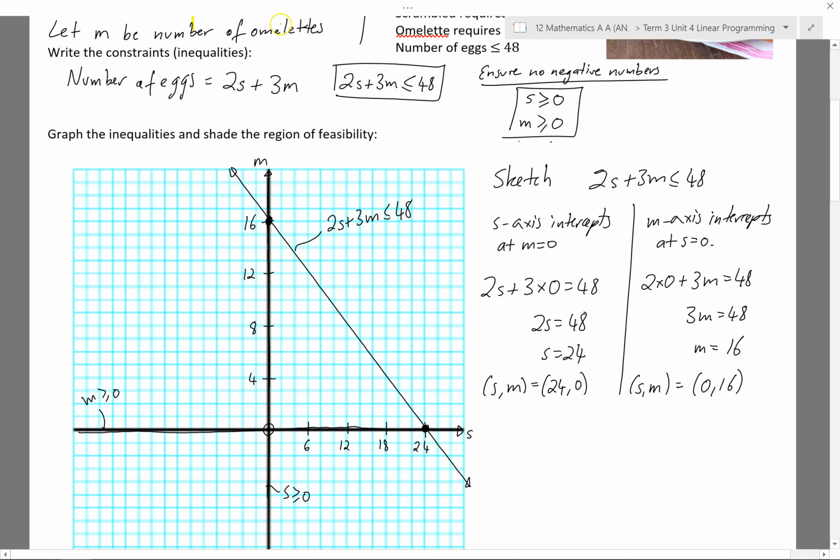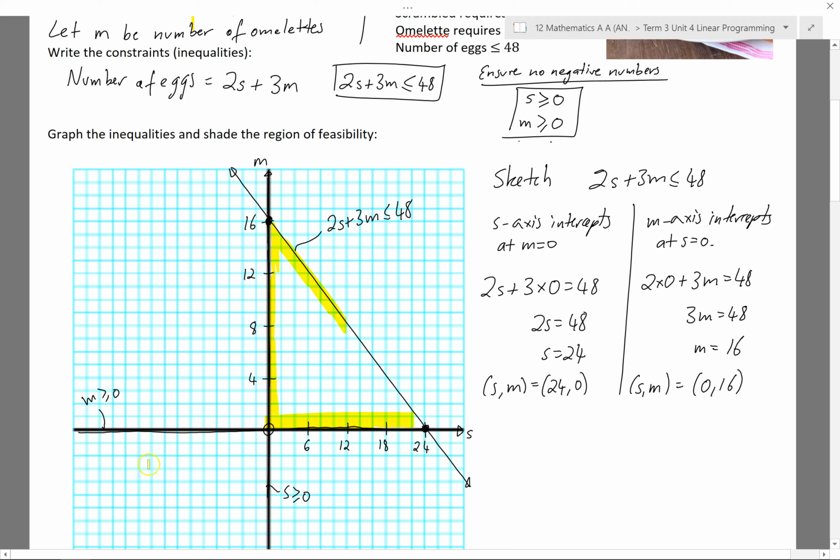The combined result here is that I need to be less than this line, I need to be above this line, and I need to be above this line in these three directions. So what that really means is that I'm just coloring in this triangle. Because S is greater than 0 means I'm not allowed to color anywhere here.